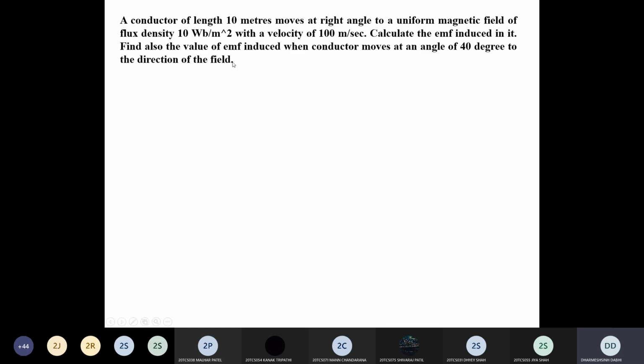Also find the value of EMF induced when the conductor moves at an angle of 40 degree to the direction of field. I give this example for homework. We'll discuss it in the next lecture. All of you come with the answer in the next lecture.